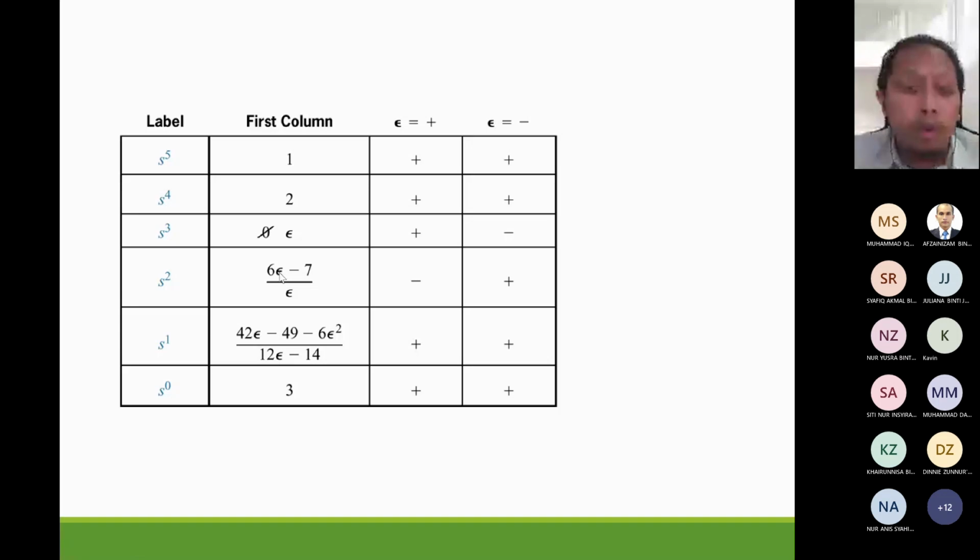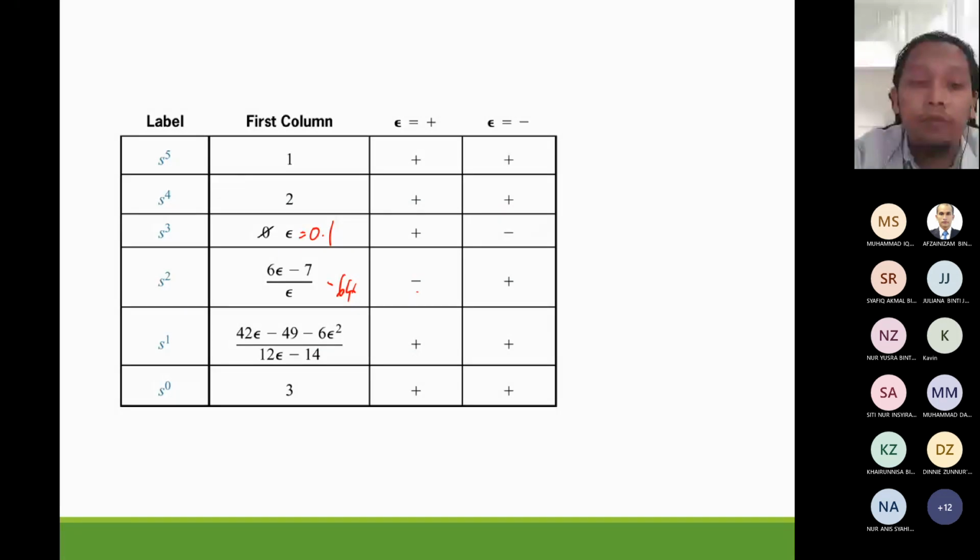You calculate 6 times 0.1 minus 7 divided by 0.1, and you get about negative 64, so it's negative.